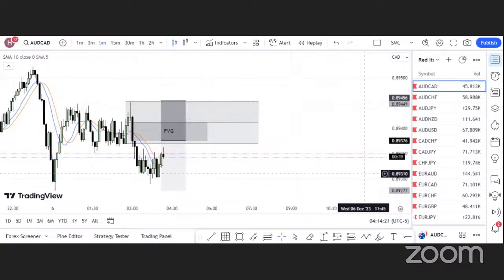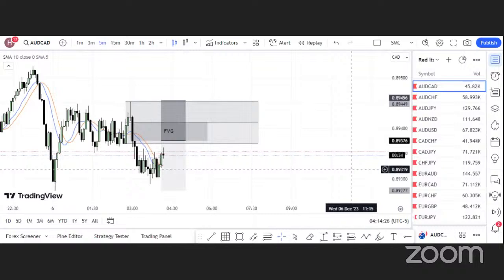So let's just wait to the end of this current candle, and if nothing is happening, then we might likely go and look for opportunity on other markets.